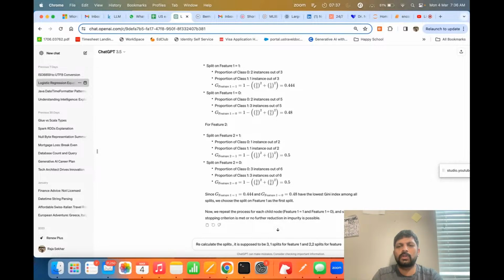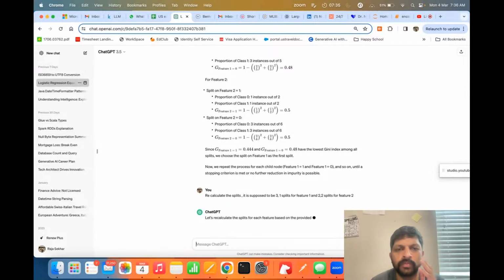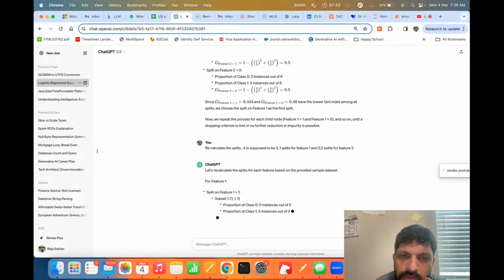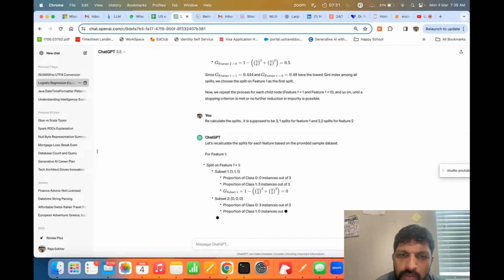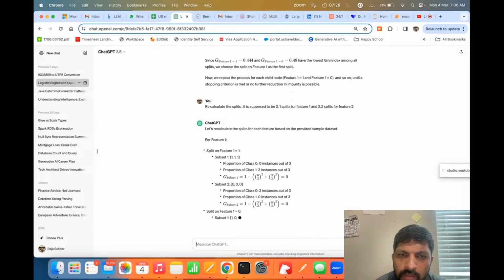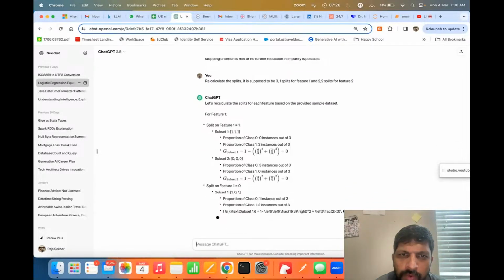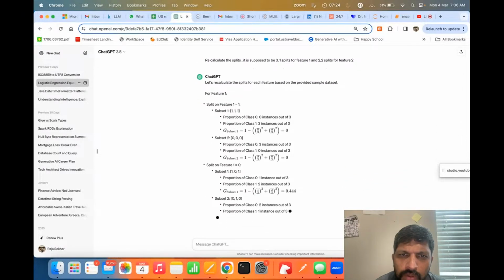Feature 2: subset 1 is 1 1 1, subset 2 is 0 0 0.